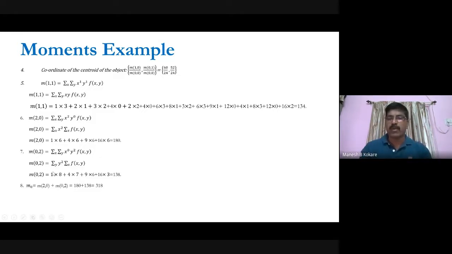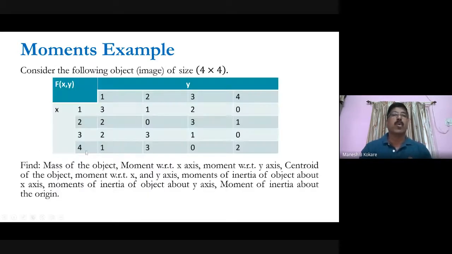When your y is 1, at that time what is the summation of all those pixels? See that y is 1, the square of that is 1, and the summation of this row will be 3 plus 2 plus 2 plus 1, that is 8. So 1 into 8 will be the first value, plus what is the value of y? 2, the square of that will be 4. So 4 multiplied by this summation, 7.